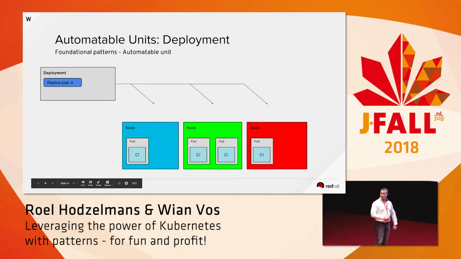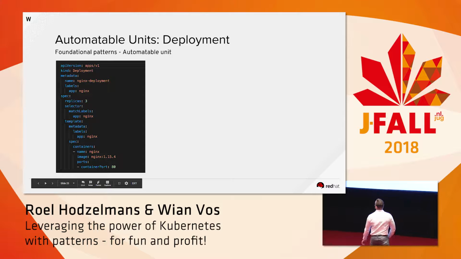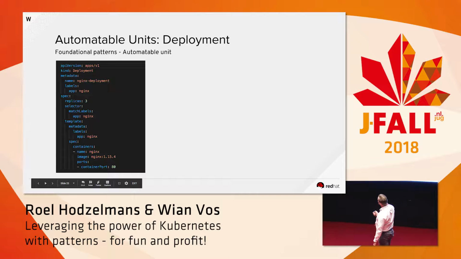Basically like this, with the nice primary colors. And a deployment looks like this. So stuff to keep track of. You actually have your kind deployment here, some metadata. Kubernetes, full of metadata. It's awesome. You can metadata everything up to your elbows.